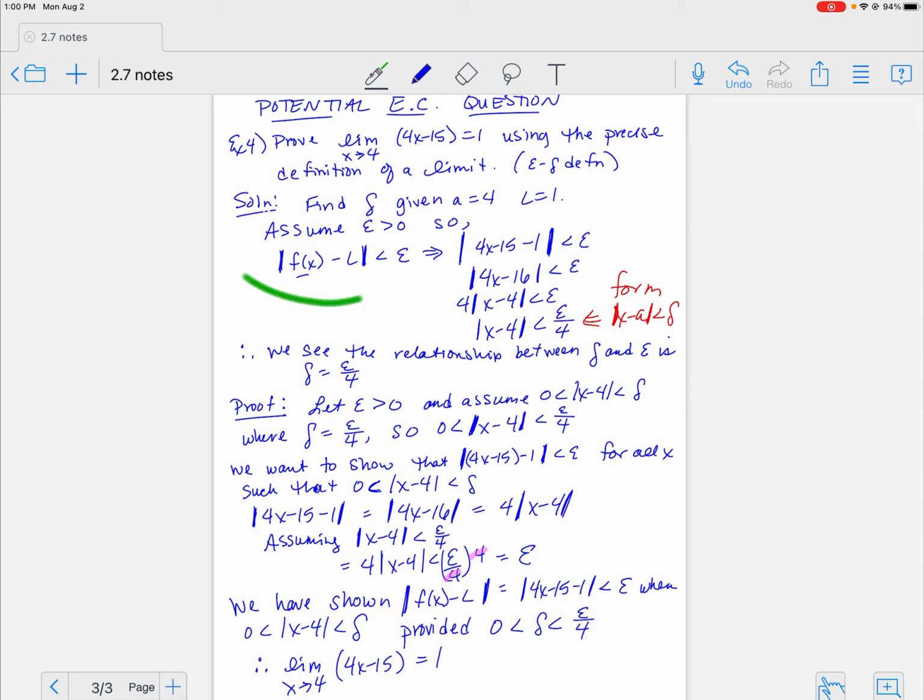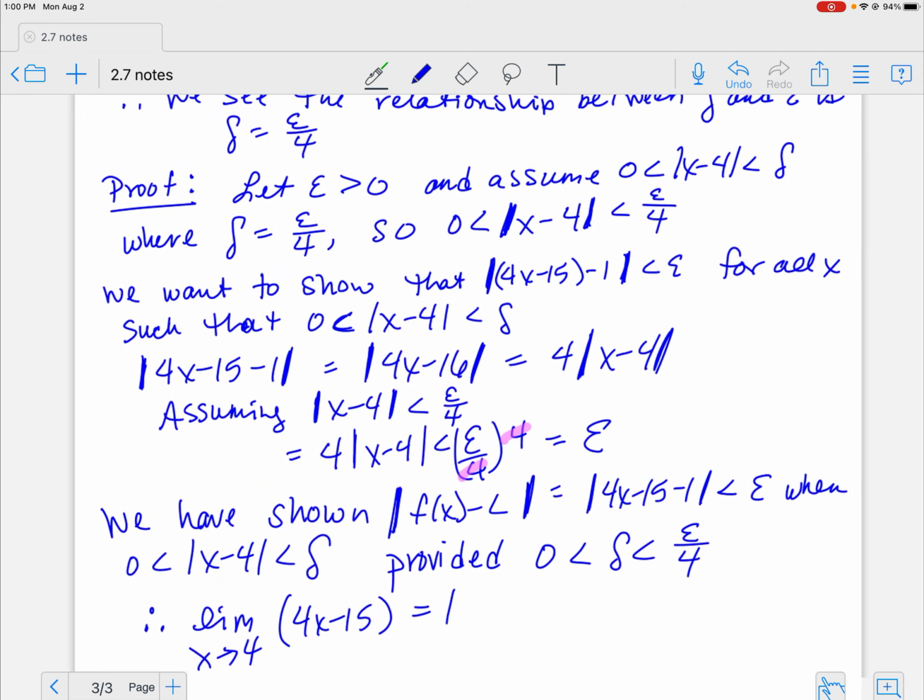Okay, so here we have this setup. Given this setup with the information we have, we can determine the relationship between epsilon and delta right now. All right. Once you set that relationship, then you use it in the proof. I'm going to scoot this up.